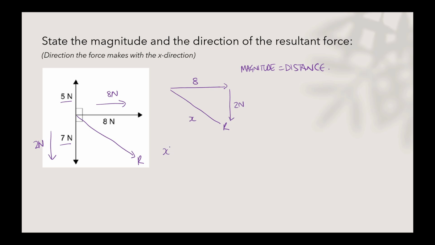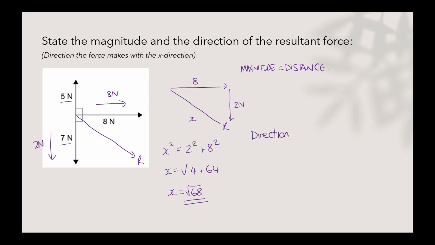To work out what x is, that's going to be using Pythagoras again. We've got 2 squared plus 8 squared, and that's going to give me x squared equals 4 plus 64. So that's going to give me a value of root 68, which I'm going to leave as a square root.